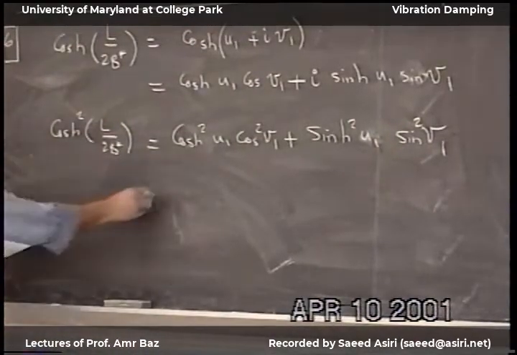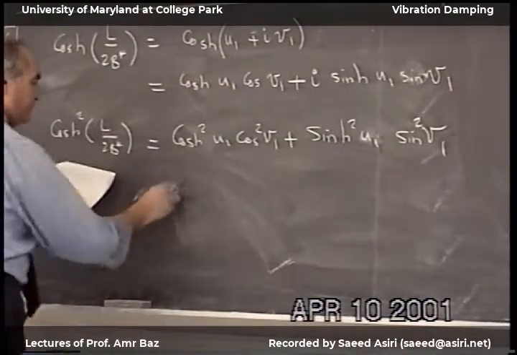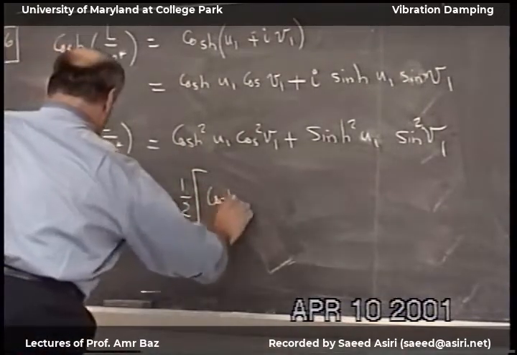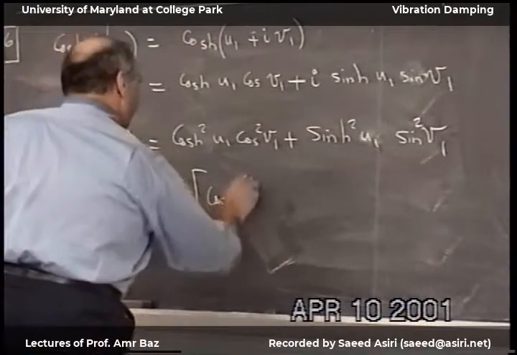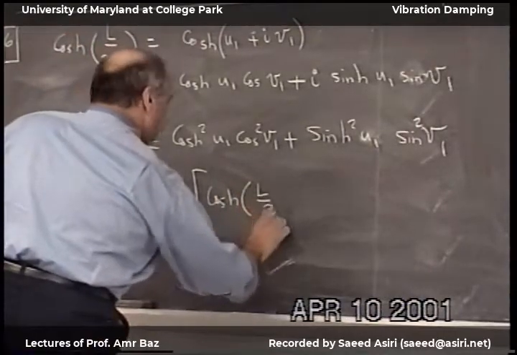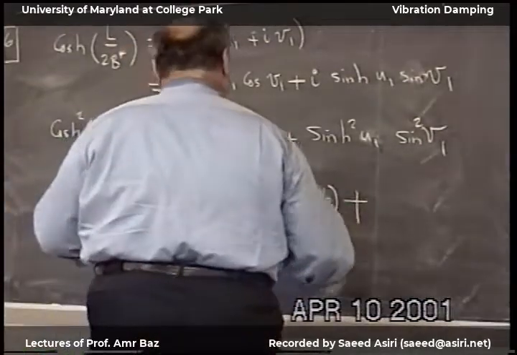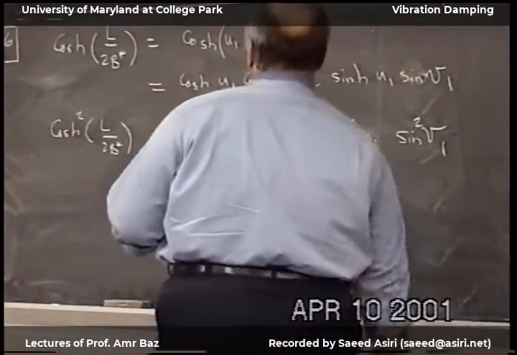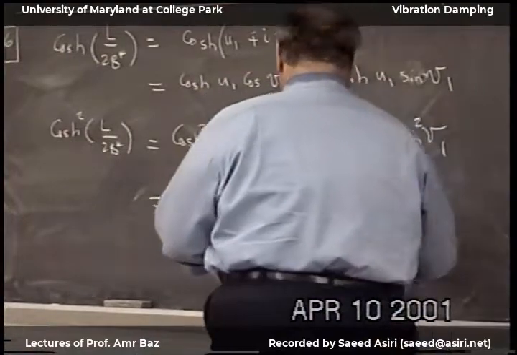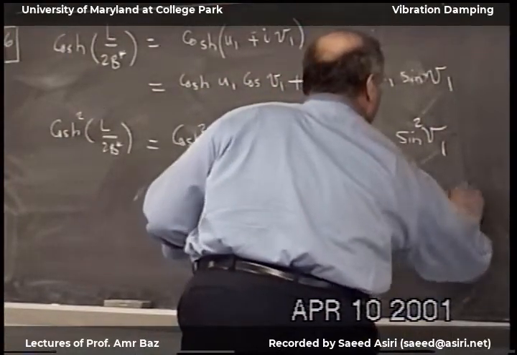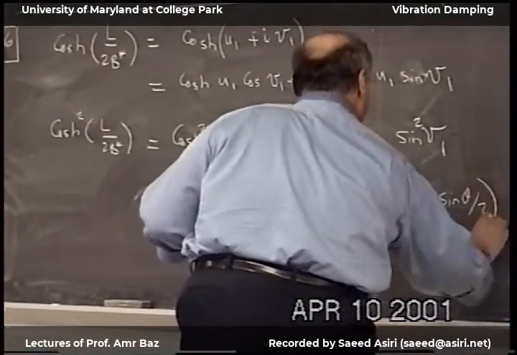And if we plug in these, then this will come to be one half cosine of L over B0 cosine theta over 2 plus cosine of L over B0 sine theta over 2.